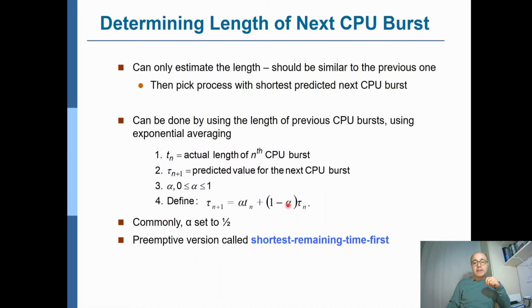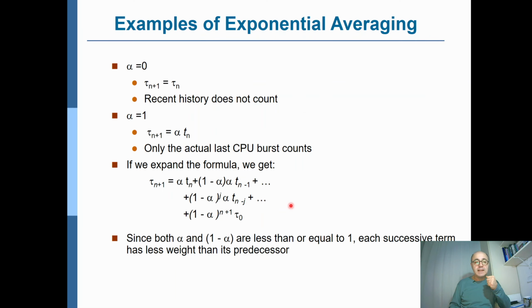So actually, this tau n always carries some information from far history, and if we take alpha to be 1, we don't consider that at all. So in that case, if alpha is equal to 1, I would be looking at only the last actual observation, but not the others. As we said, typically we will take alpha to be something between 0 and 1.